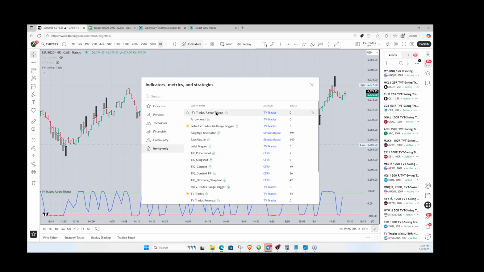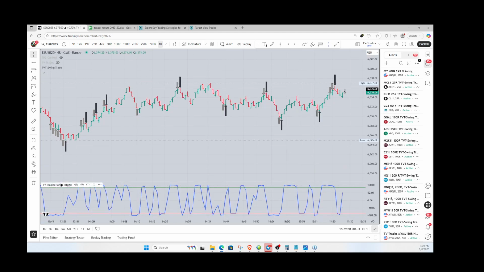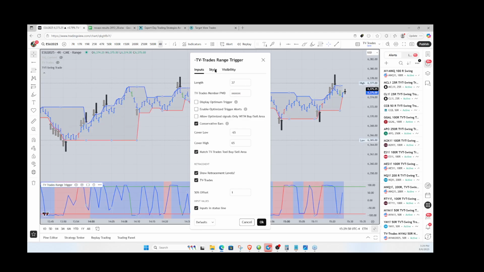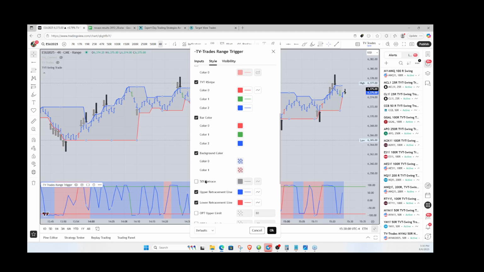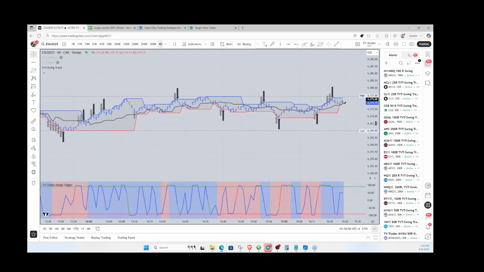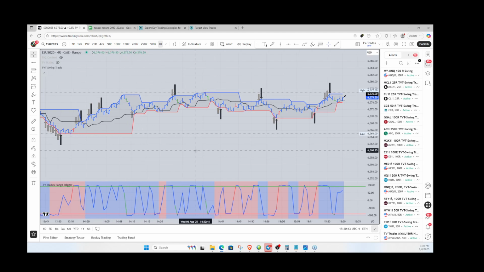Put that guy down there, get rid of that one, put this one on. That's what it looks like with the midpoint on a 4 range. I've never really looked at it on a 4 range before, but it's interesting.